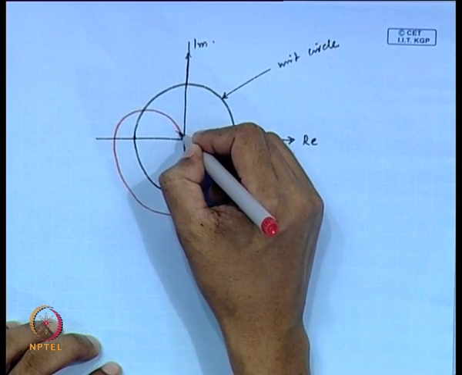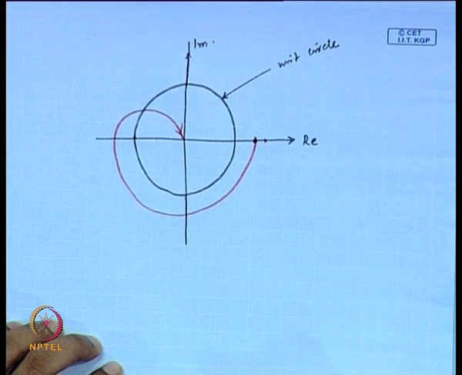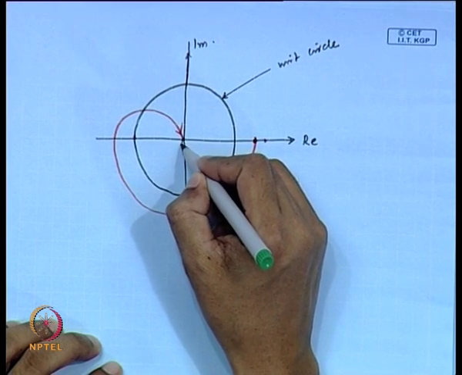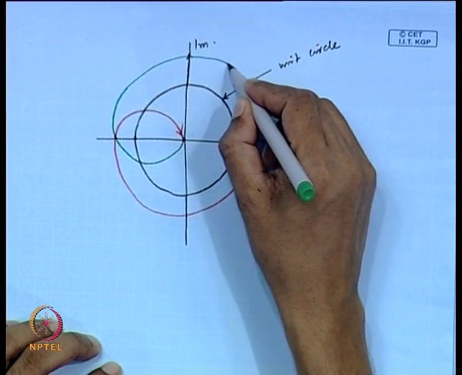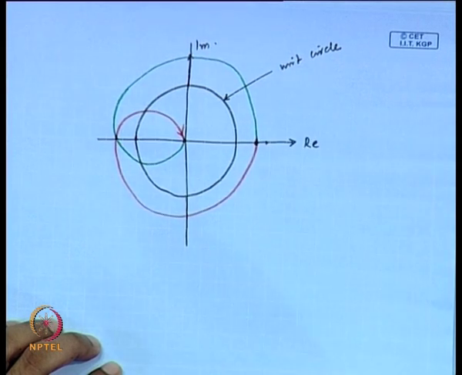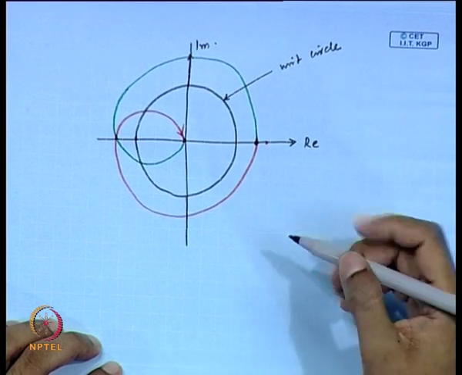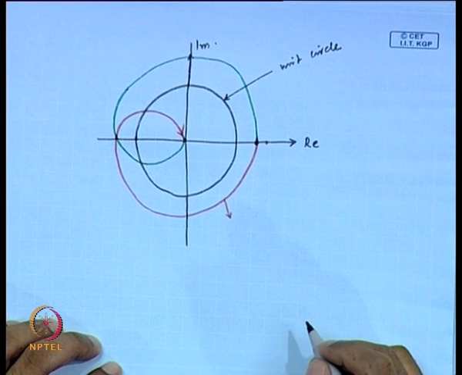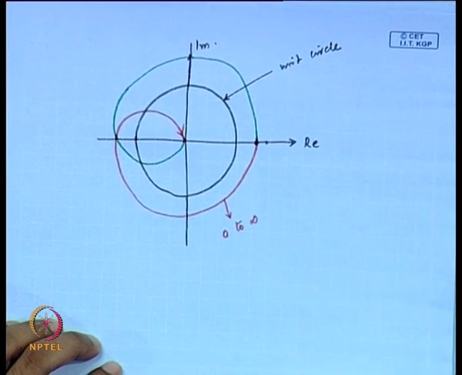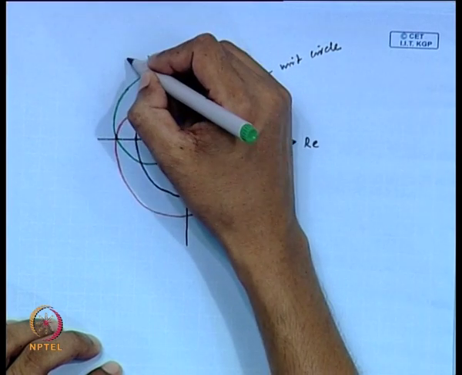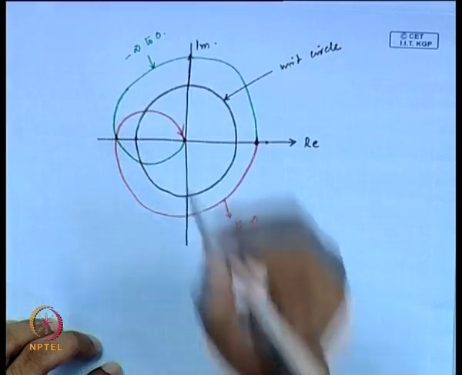So this is the polar plot by varying omega from 0 to infinity, and this is the polar plot by varying omega from minus infinity to 0.